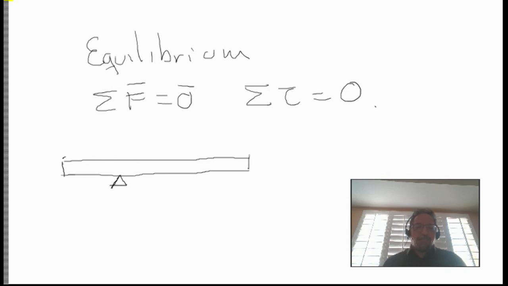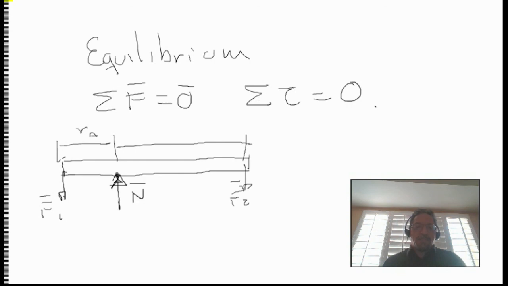You put a pivot point here, and you apply forces at the ends of this bar, maybe say one here, F1, and then another one here, F2, and there has to be something supporting this, so a normal force here at that pivot point.